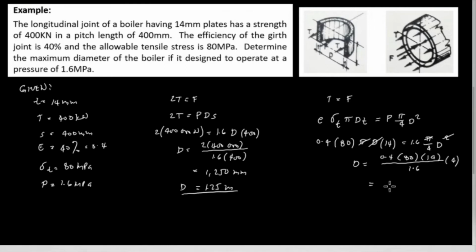And what is d? So let's check. 0.4 times 80 times 14 times 4 and divided by 1.6, and the value is 1120 millimeter, or it is 1.12 meter.